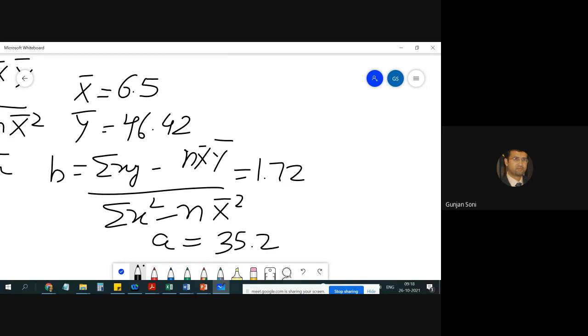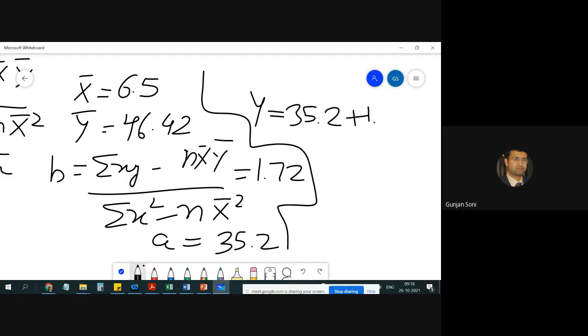So we get the equation as y equal to 35.2 plus 1.72x.